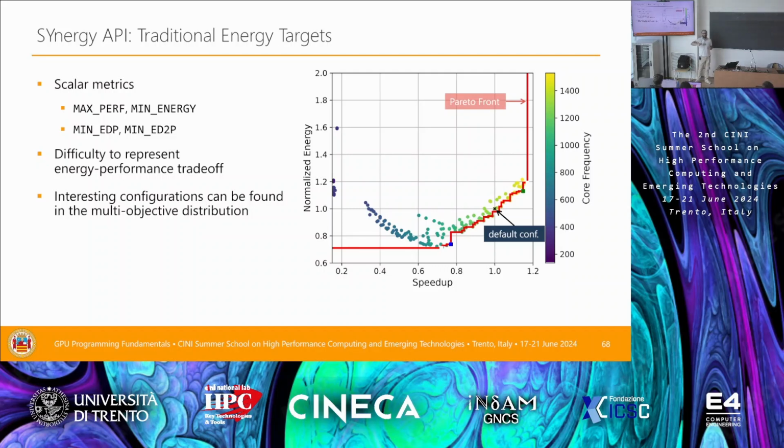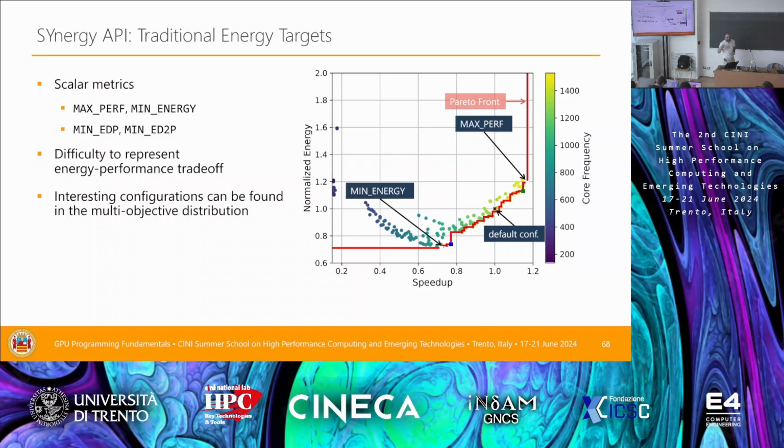But if you start to play with the core frequency, you may have all these configurations. You may have this configuration here where you lose 20% of performance, but you gain roughly 10% of energy. And all of these configurations, you do not have access to if you don't do this. By default, you only have one. The API we designed is to access all of them.